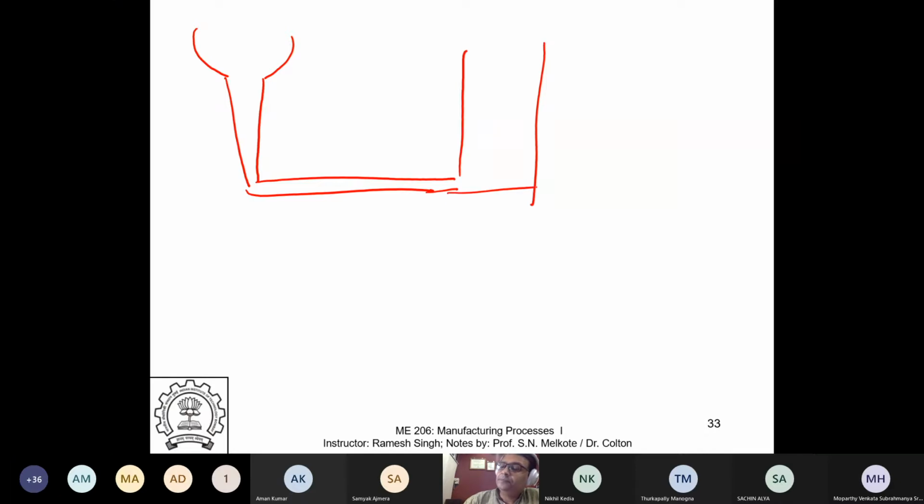So if I have something like this, this is my pouring basin, this is my sprue. I'm not very good at drawing, so you have to bear with me. This is my runner. This is my gate. So this diameter, the bottom of the sprue, we call A3, and this is A4, which is AG, point number 4.